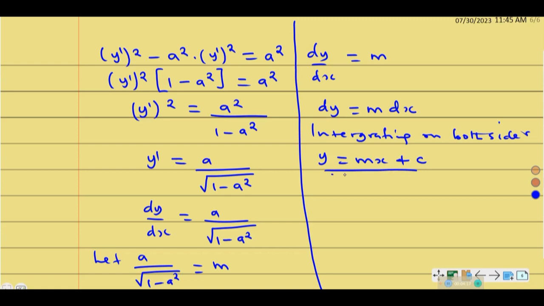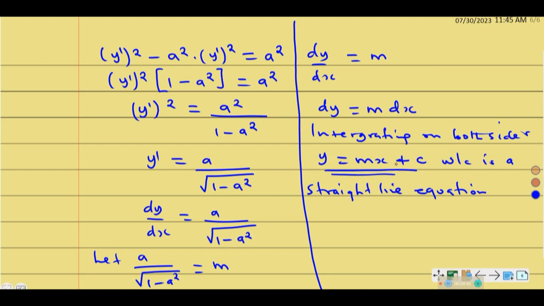Looking at this obtained solution, you realize this is a straight line equation, and this equation will be representing the shortest distance between the given points 1 and 2.